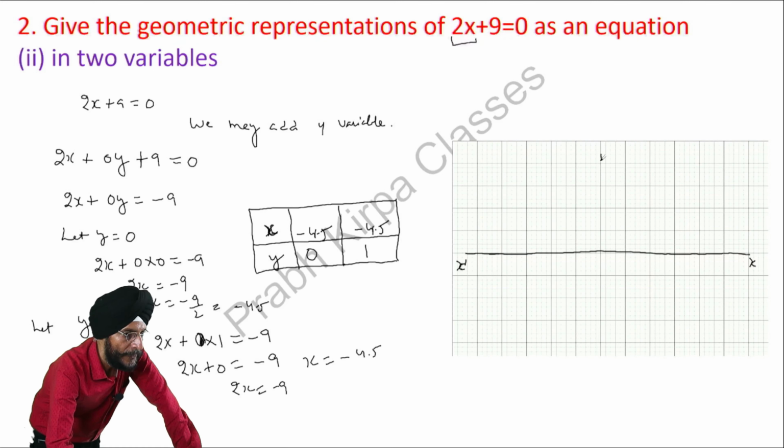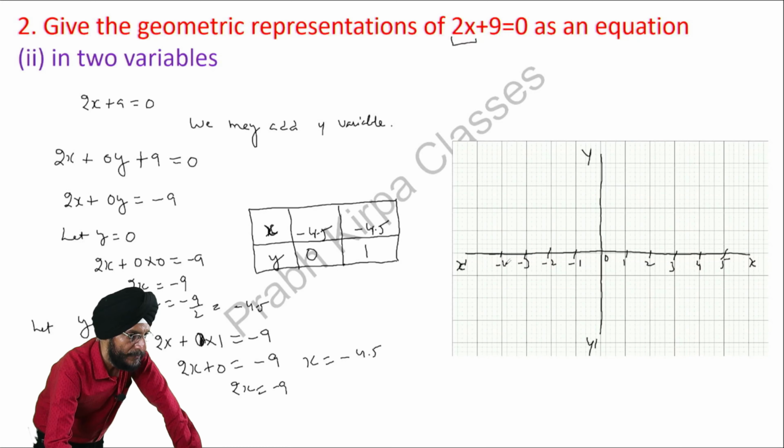Here it is the y axis, it is the x axis, it is 0, 1, 2, 3, 4, 5. Here it is minus 1, minus 2, minus 3, minus 4, minus 5, and on the y axis 1, minus 1, minus 2, minus 3, and 1, 2, 3, 4.